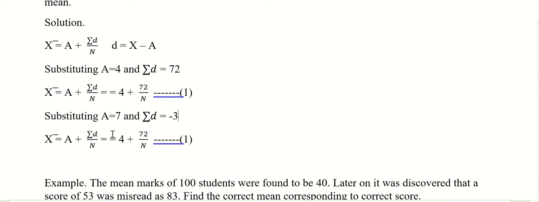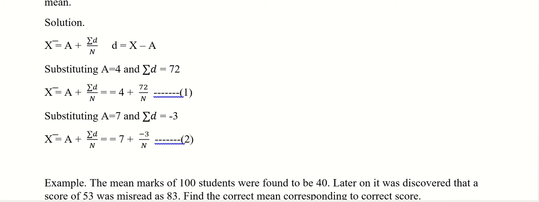Now I will apply these two values in the formula. So A is 7 and the sum of deviation is -3, and now this is our equation 2, right?